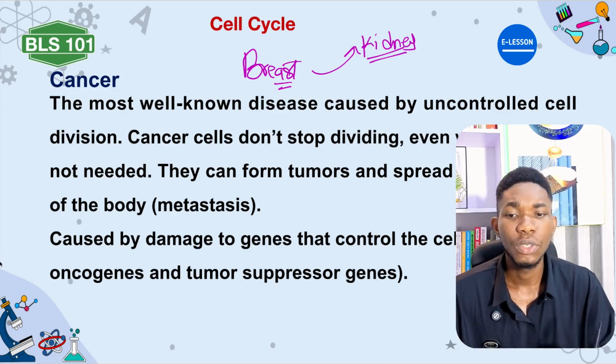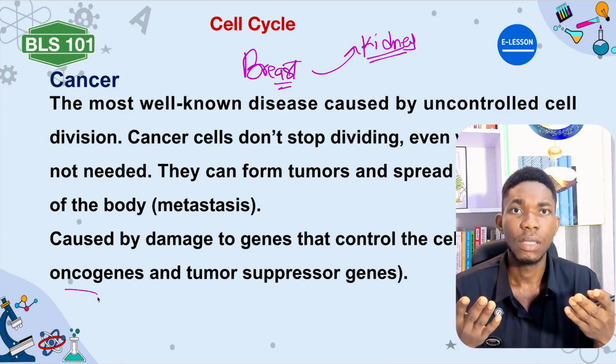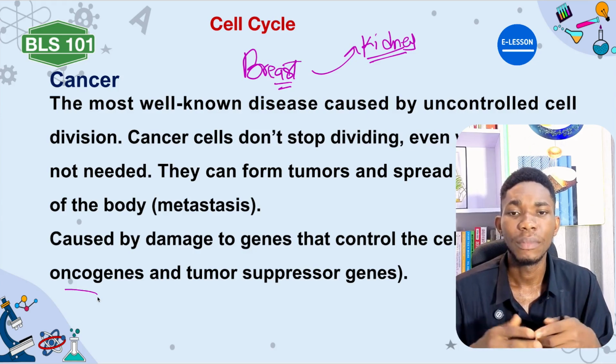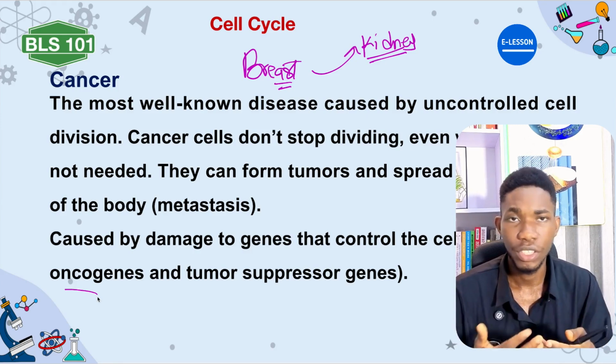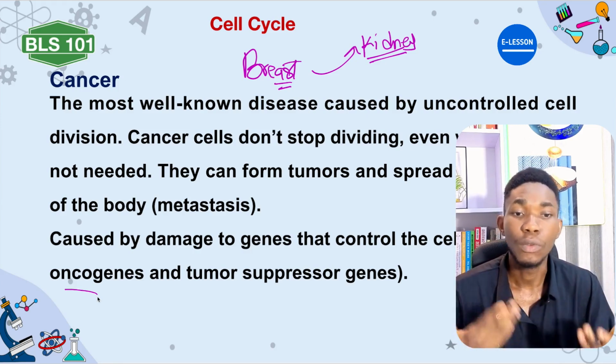These genes, I told you, are called oncogenes and tumor suppressor genes. One aids cell division, while the other one suppresses what? This cancer or uncontrolled cell proliferation. When I say proliferation, I mean they multiply.